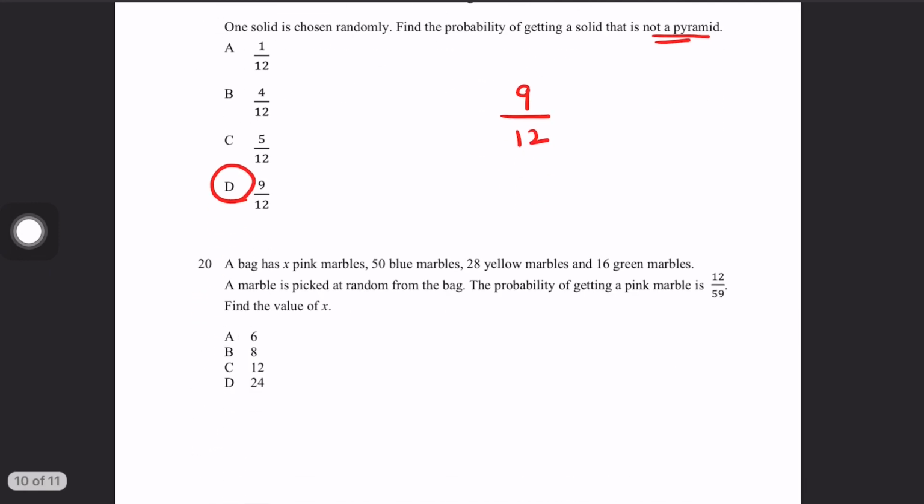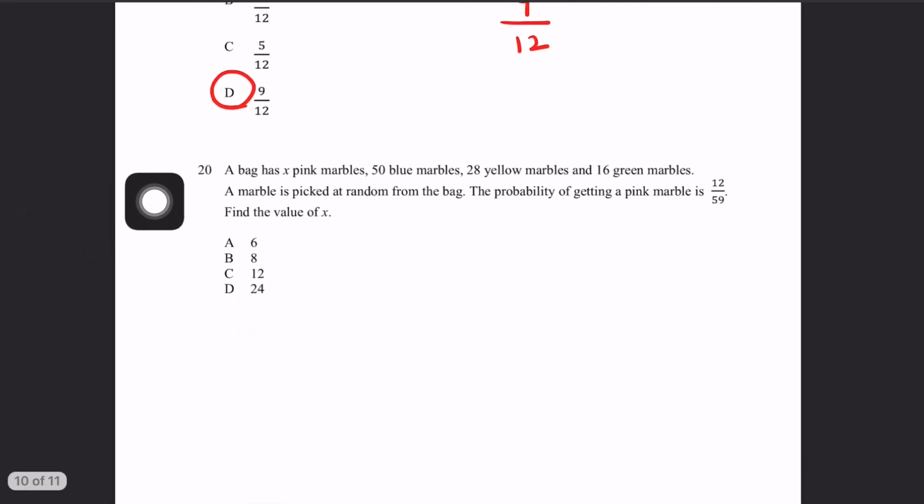Okay. And last one, number 20. A bag has X pink marbles, 50 blue marbles, 28 yellow marbles, and 16 green marbles. Okay, banyak ni. A marble is picked at random from the bag. The probability of getting a pink marble is 12 over 59. Find the value of X. Okay, so kita senaraikan dulu.